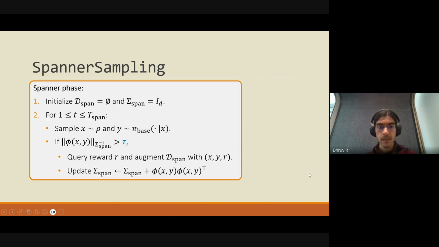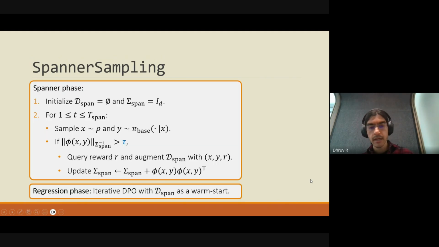Okay, so here's basically what the algorithm looks like. There's two phases. The first phase is the spanner phase. It looks maybe like what you would expect. You draw a sample from the base model. You check if its feature is in some direction that you've not explored according to the elliptic potential. And if it's in this unexplored direction, then you query the rewards and you add it to your spanner.